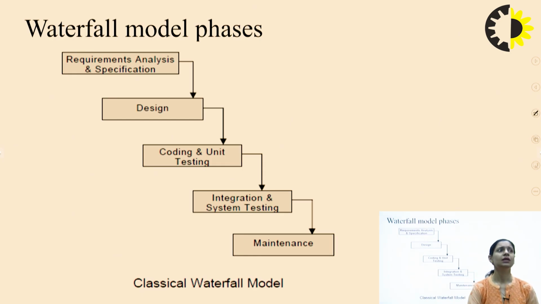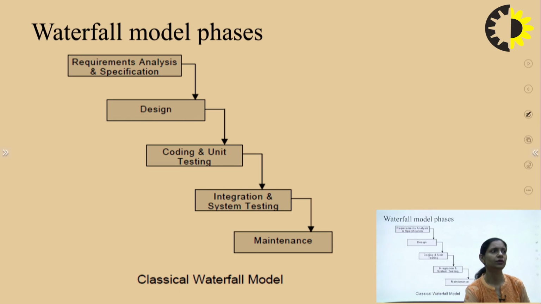So these are the phases of the waterfall model. The first phase is the requirement analysis and specification, where the requirements are gathered from the user, analyzed, and then specified in the SRS in order to note down what the user wanted the developers to develop in the software.